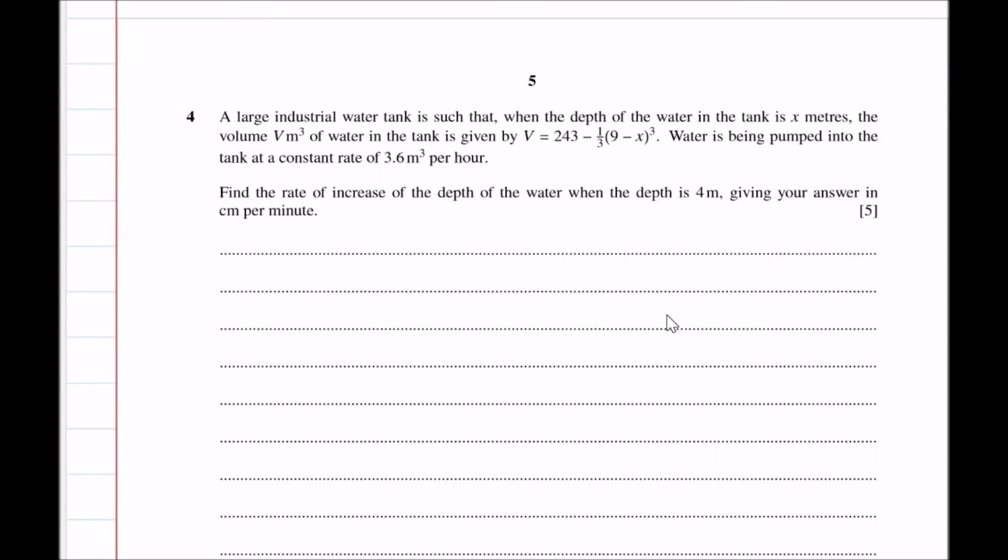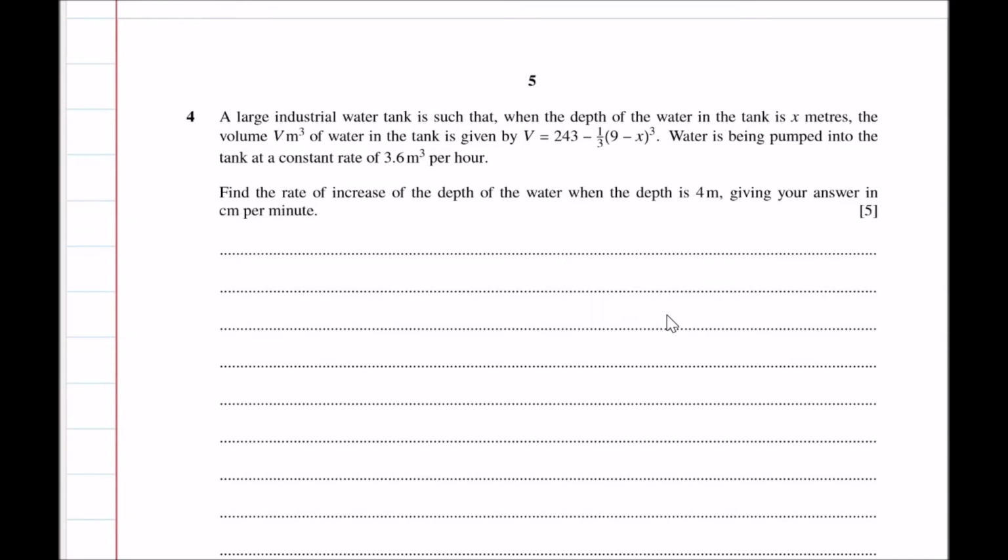Water is being pumped into the tank at a constant rate of 3.6 meter cube per hour. Find the rate of increase of the depth of the water when the depth is 4 meter, giving your answer in centimeter per minute.